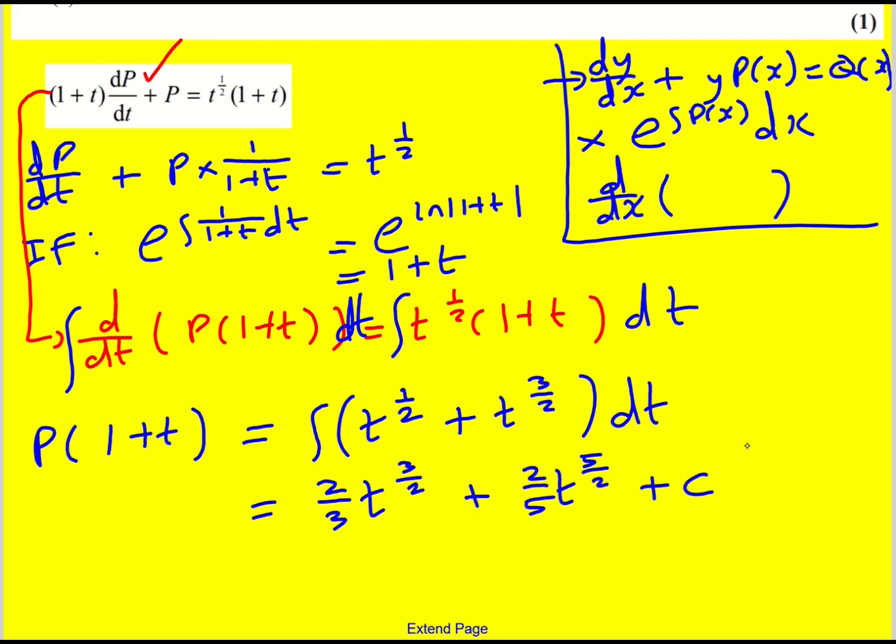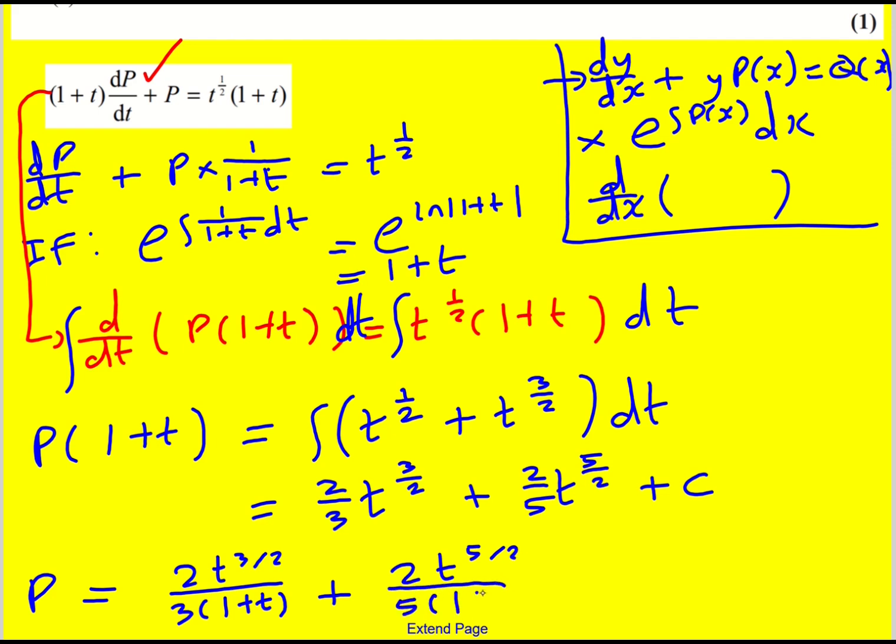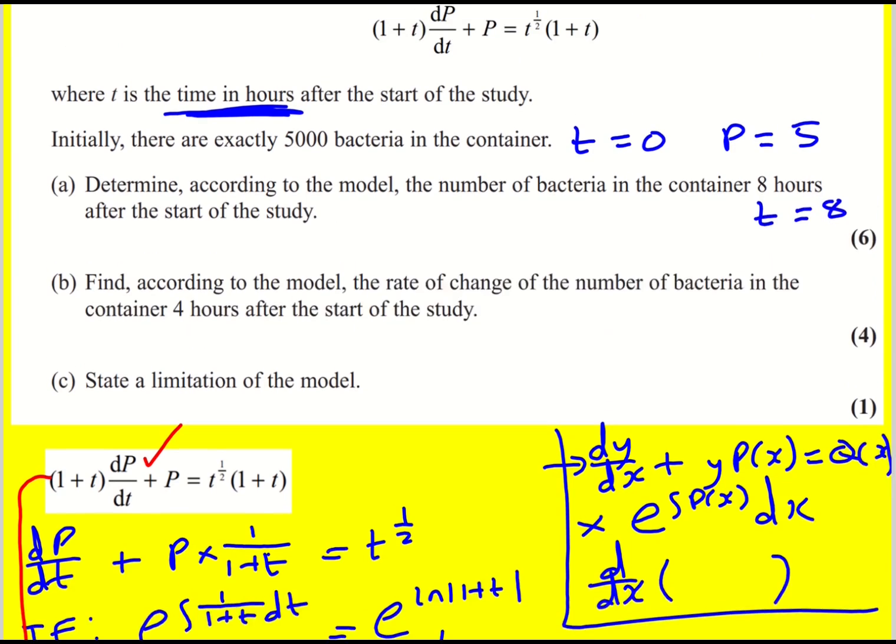And then you've got your arbitrary constant. So then P will equal 2t to the 3 over 2 over 3 times 1 plus t, plus 2t to the 5 over 2 over 5 times 1 plus t, plus c over 1 plus t. And that is our general solution.